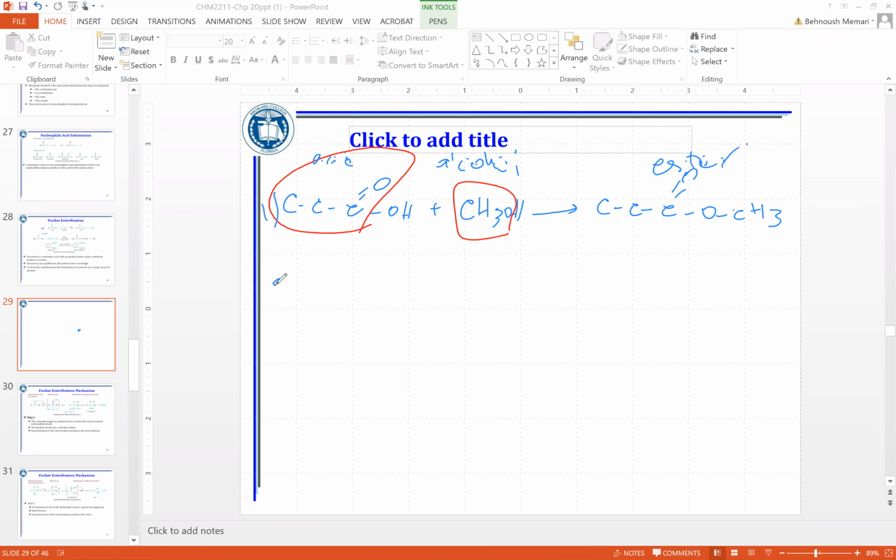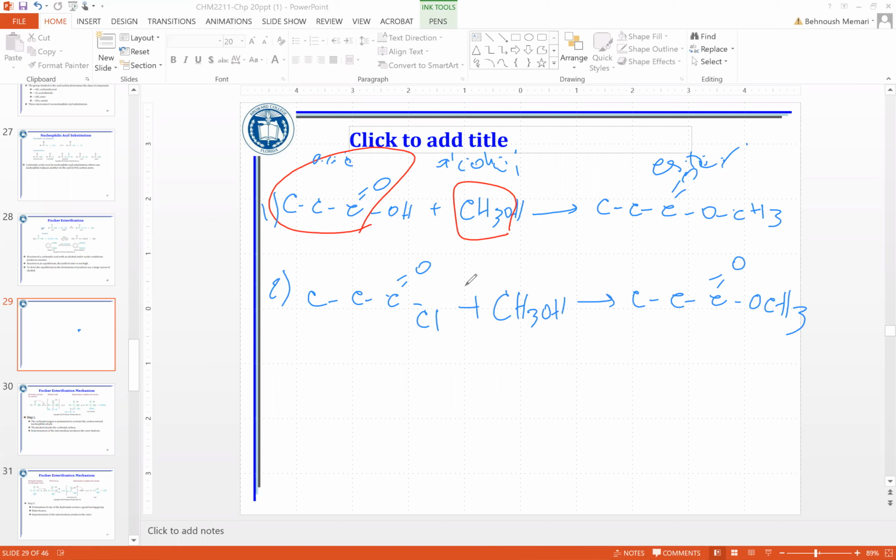Preparation of ester, 2: you can have acid chloride, that's an acid derivative, plus CH3OH, that would give you COOCH3.